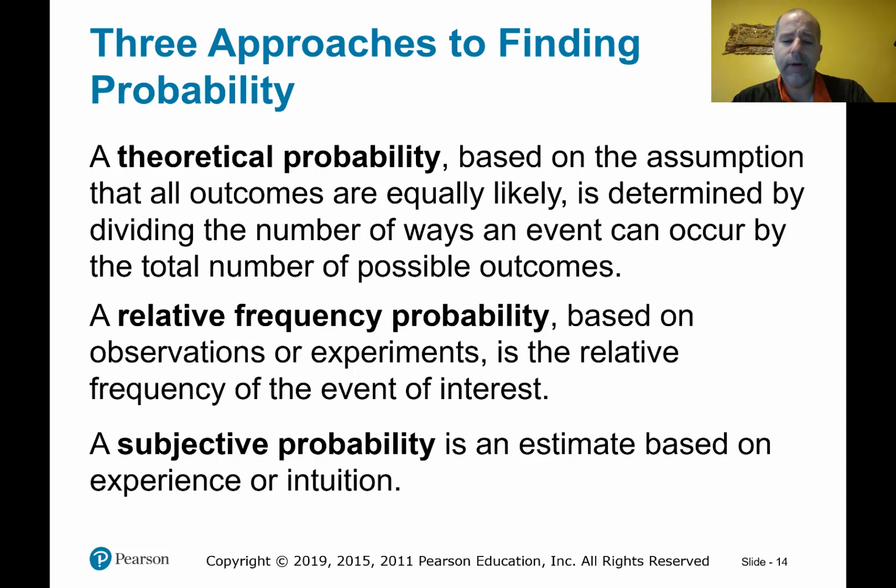So if I say, for example, 95% of financial planners promote the idea of accumulating a nest egg for wealth, then that would be a subjective probability based on my experience and intuition, reading and whatever.